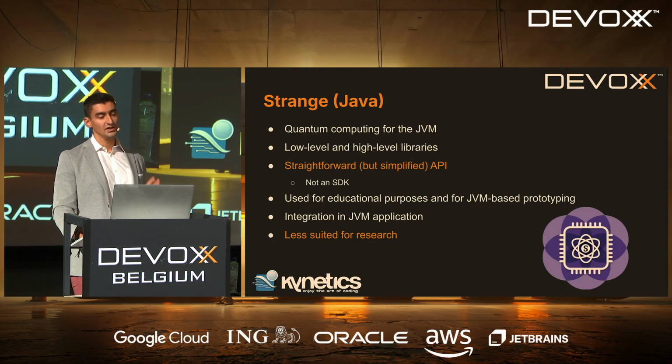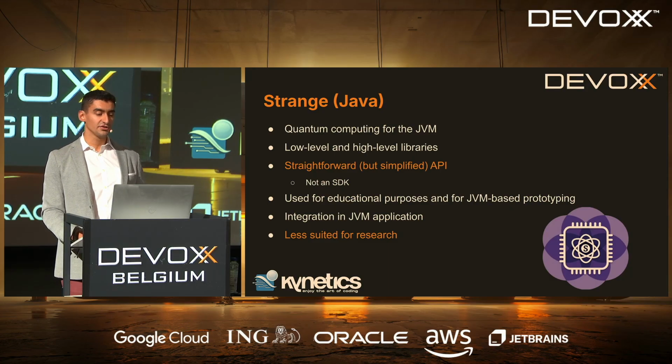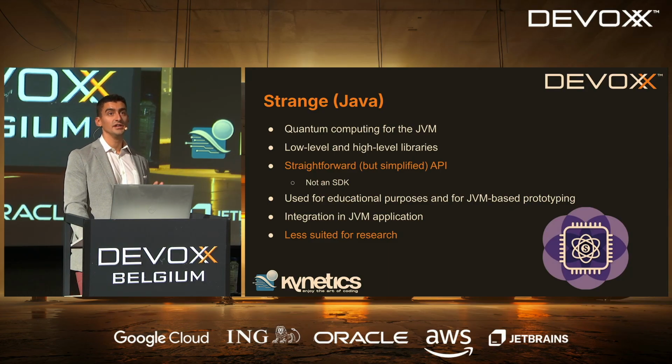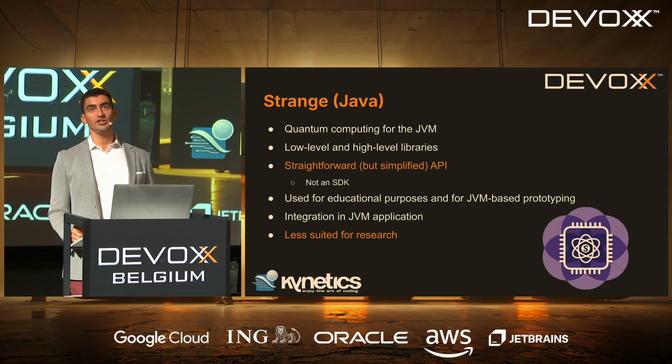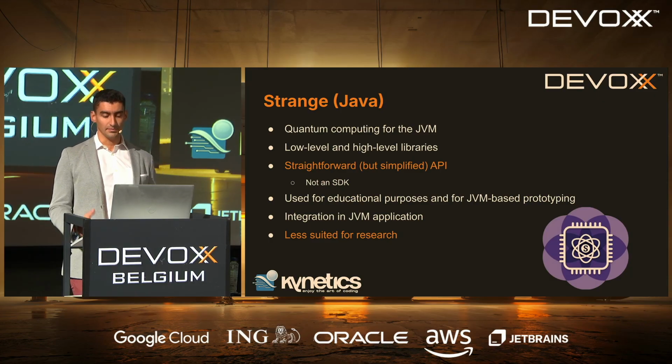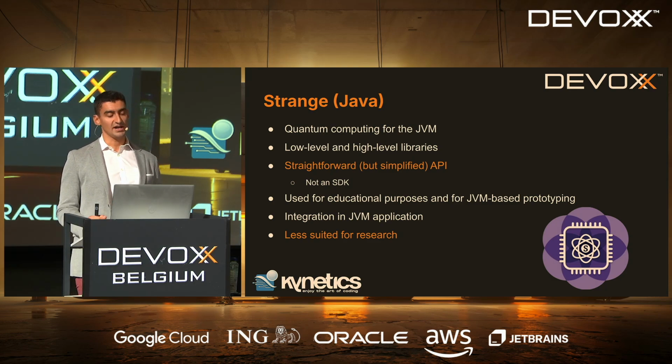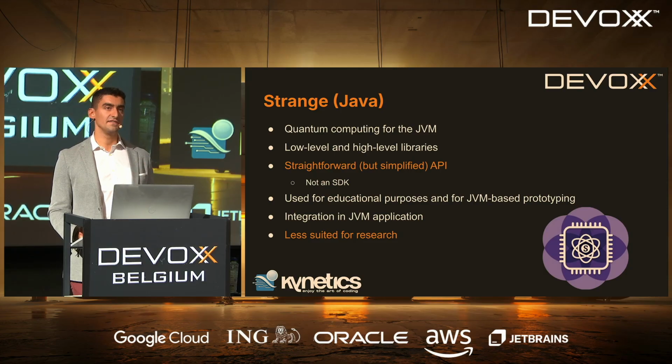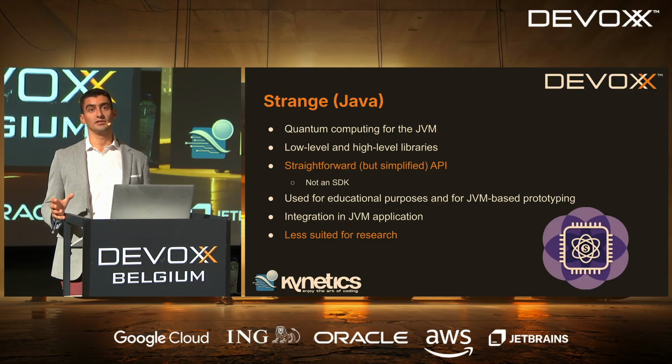Okay, so the first simulator we're going to look at, also by looking at some code, is Strange. Now, Strange is a Java library developed for the JVM. It's probably the only one, or at least the main one for the JVM world. And it contains 2 sub-libraries. We have a high-level library, which contains just a few functions with some quantum algorithms implemented that we can just invoke to get a result.